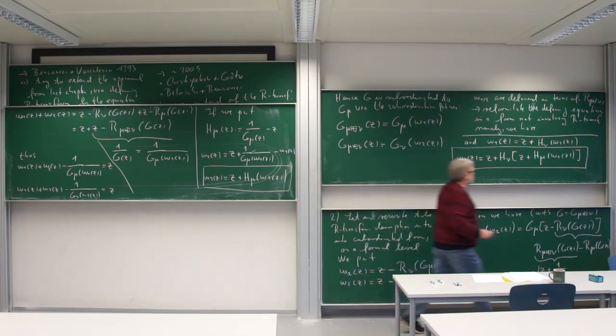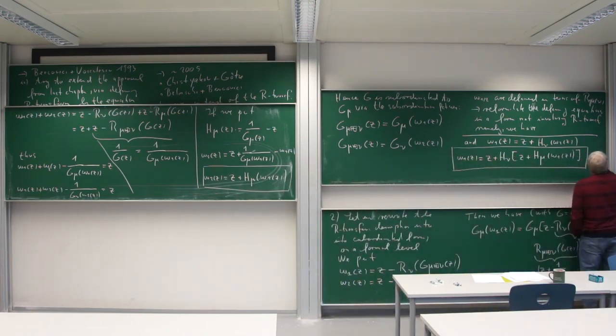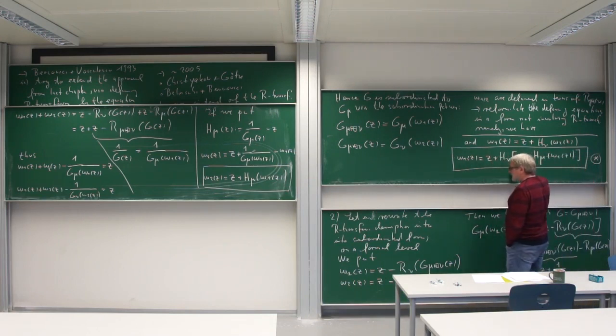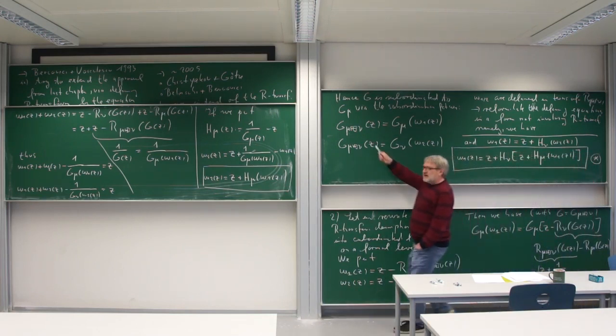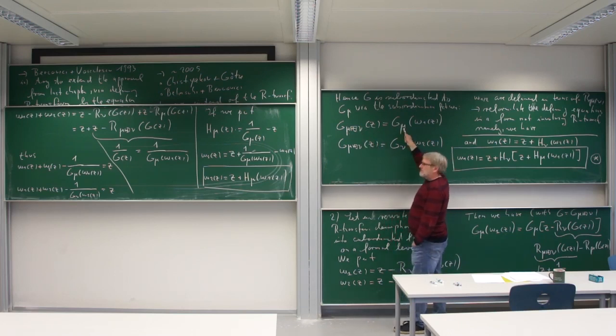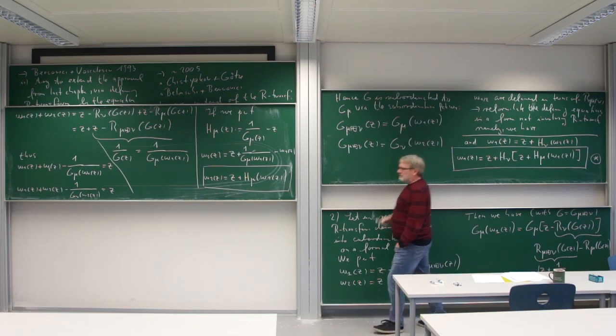So this is really the crucial equation, omega 1. And if I have omega 1, then of course I have the Cauchy transform of the free convolution, because then it is given in terms of G mu and this omega 1.